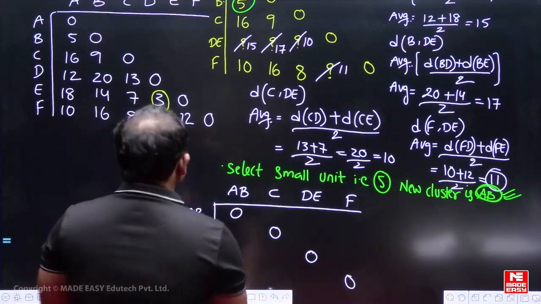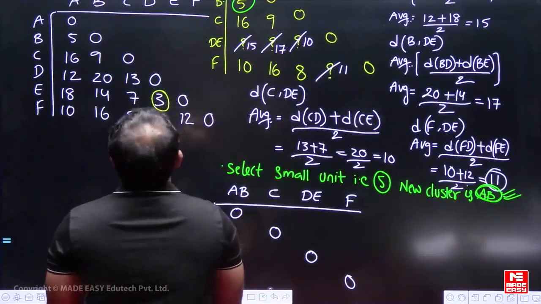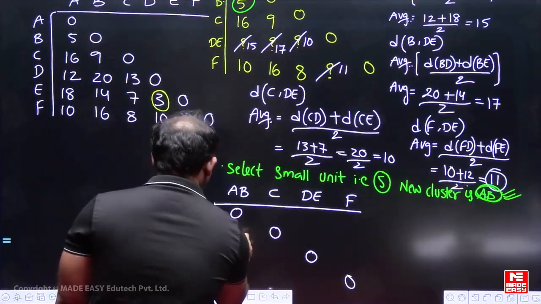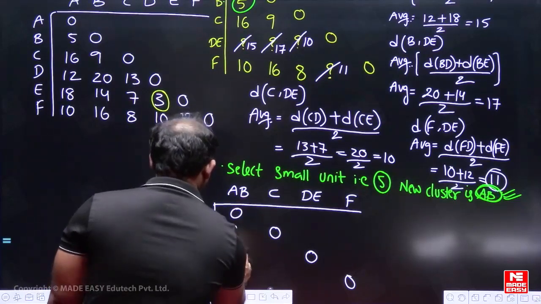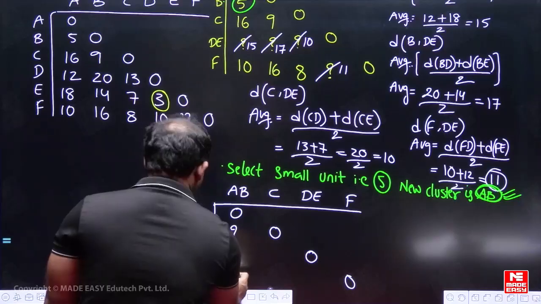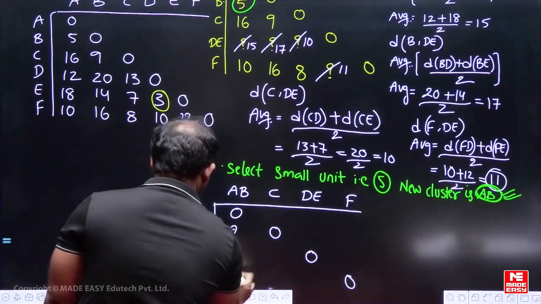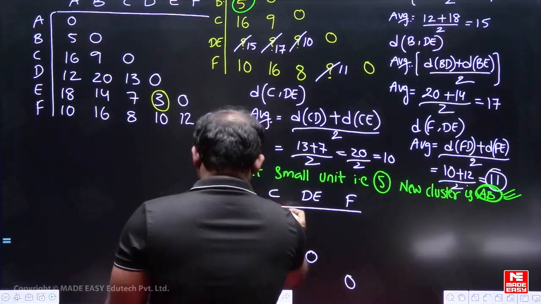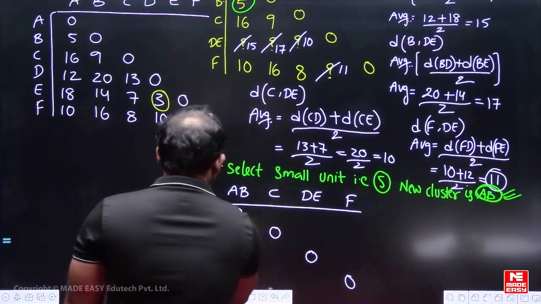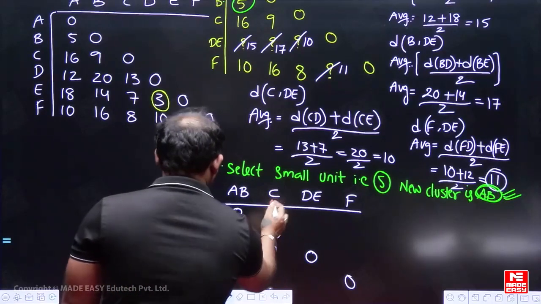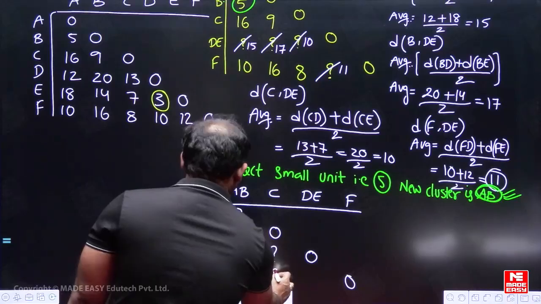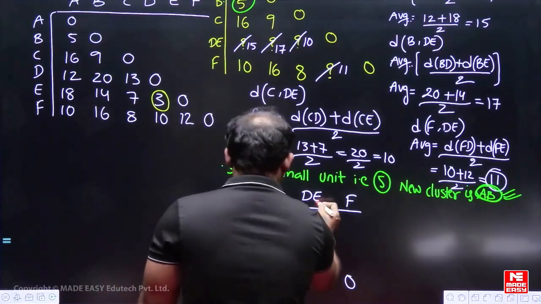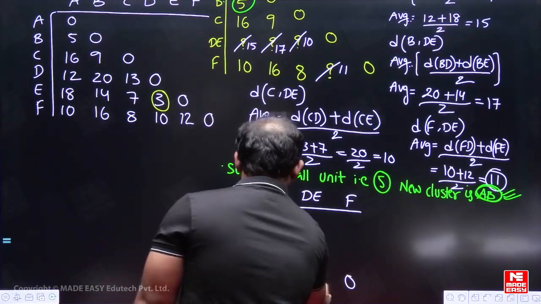Now C and AB question mark, DE and AB question mark, F and AB question mark. Next, C and DE question mark, C and F question mark, and DE and F question mark.